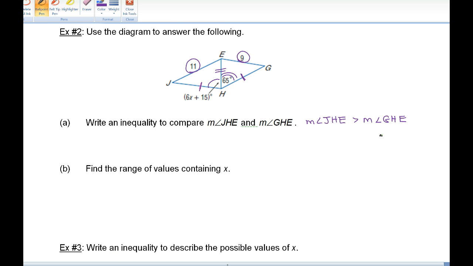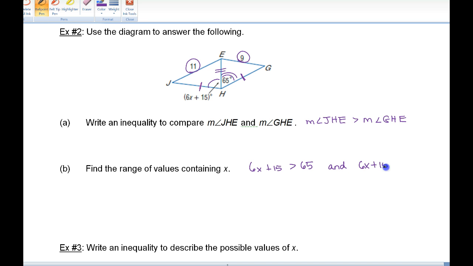Now we're going to find the range of values containing x. So JHE is 6x plus 15, and that has to be greater than GHE, which is 65, and less than 180. Very good.